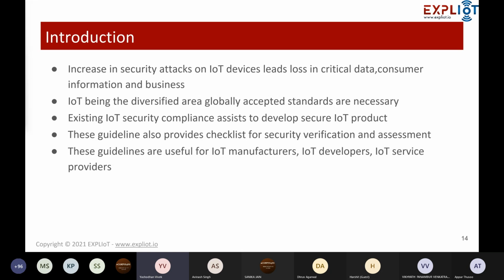So all these different vendors come into the picture. If they follow certain security guidelines, it becomes easy for them to make their product secure. And that's why these compliance and security standards are there.